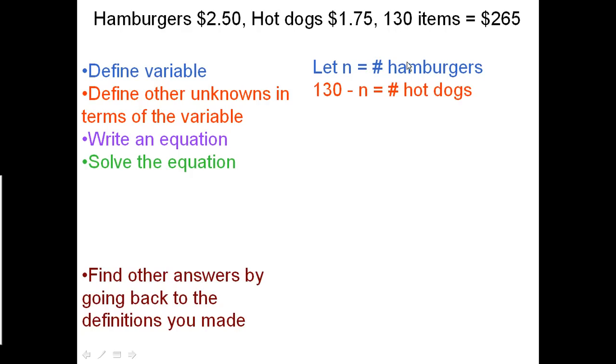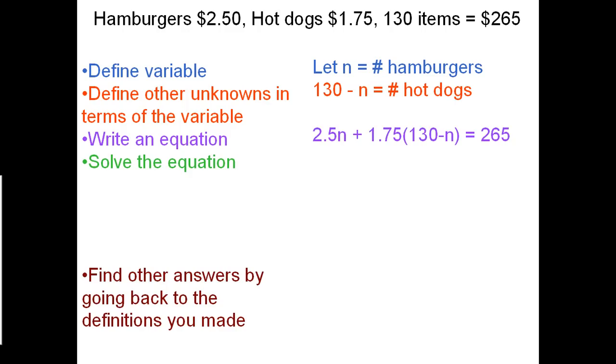So we get 130 minus n is the number of hot dogs. We're going to write an equation. You'll notice the similarity to the nickel and dime problem that we had before. These are going to be real similar to the solution or mixture questions we're going to have in a later video also. So we're going to write an equation.